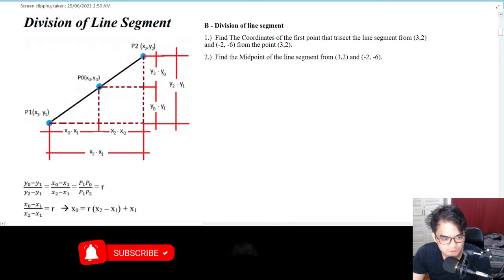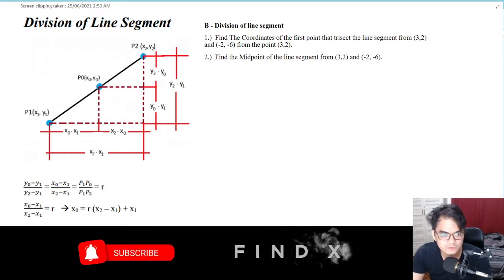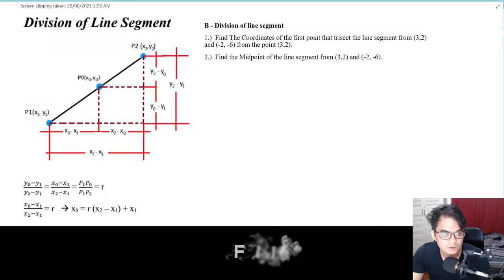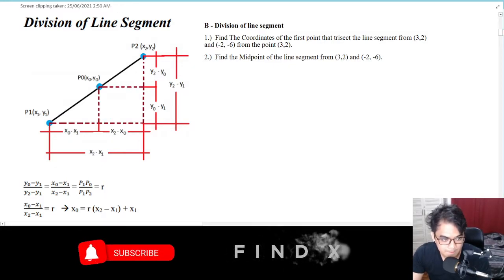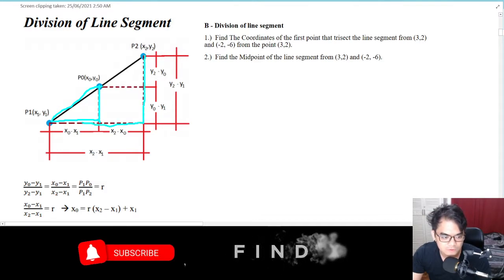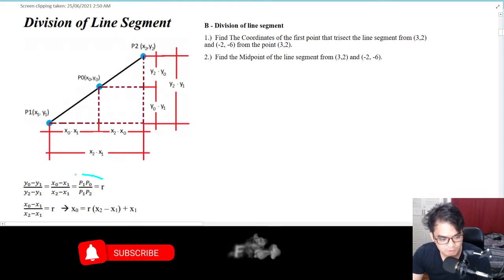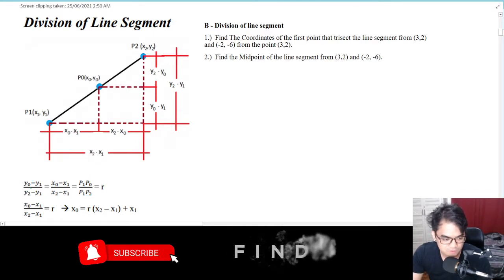So using this triangle, let me just change the color for you guys to see it better, this blue one, this triangle and the bigger triangle. If you relate those two using similar triangles, you'll end up with something like this.